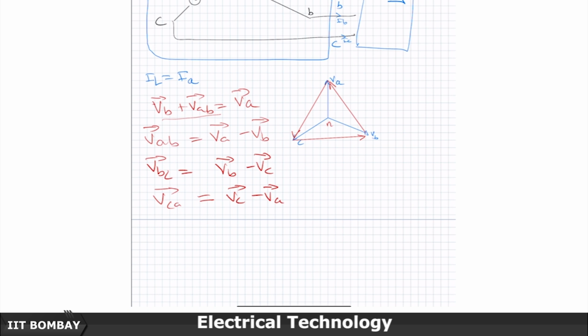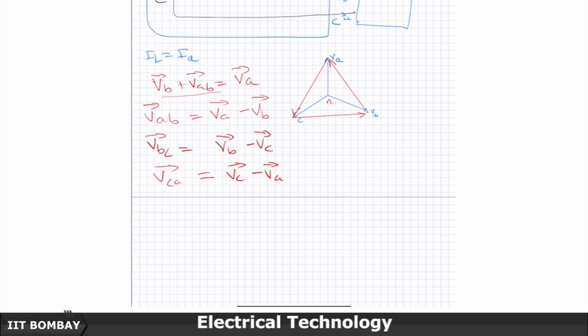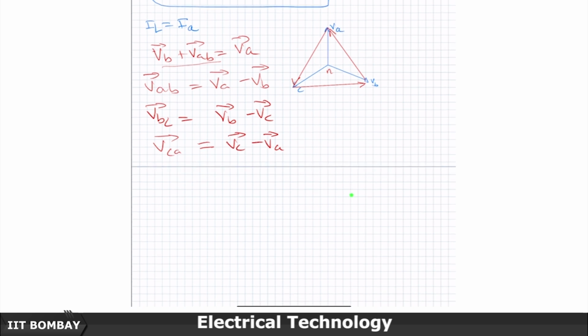Now, if you calculate the lengths of this, and this, these are the three lengths of an equilateral triangle. So, they are equal. So, let us do that. VAB is VA minus VB.